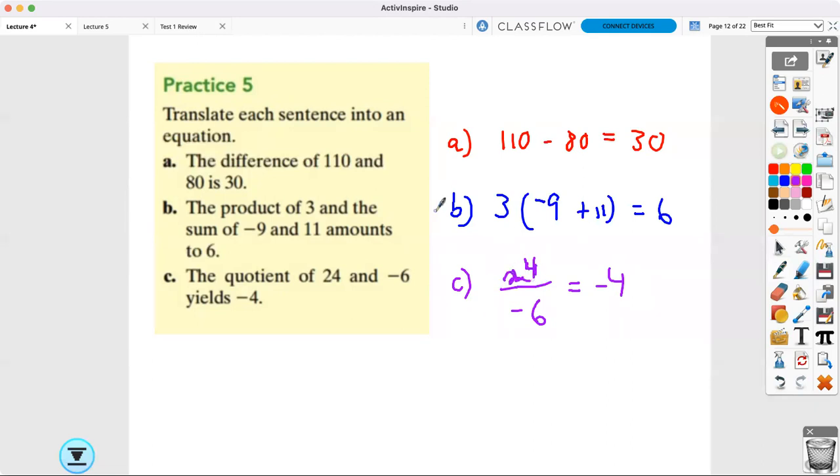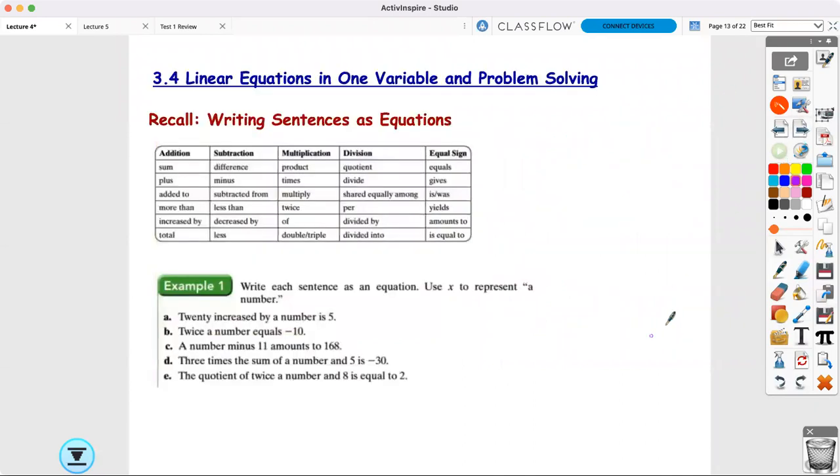Anyone have any questions, comments, or concerns regarding practice 5? All right, let's move on. We're on 3.4 now, the final section of chapter 3.